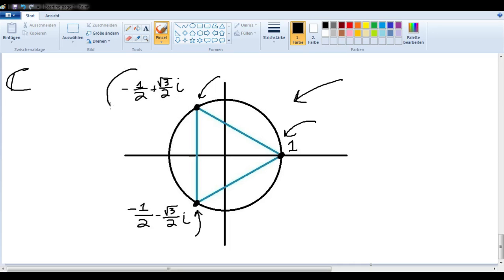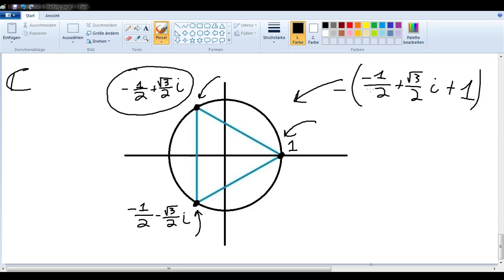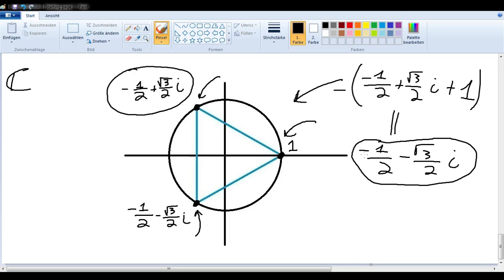And if we take one of those cube roots of unity and write it down, add 1, and flip it, we end up with negative 1/2 minus the square root of 3 over 2 i, which, of course, is exactly what we would expect to get, since that is indeed the other primitive cube root of unity.